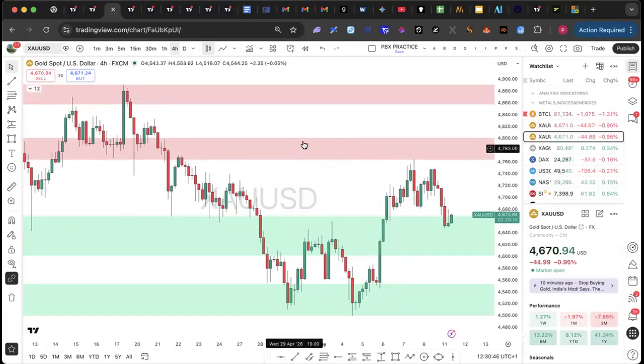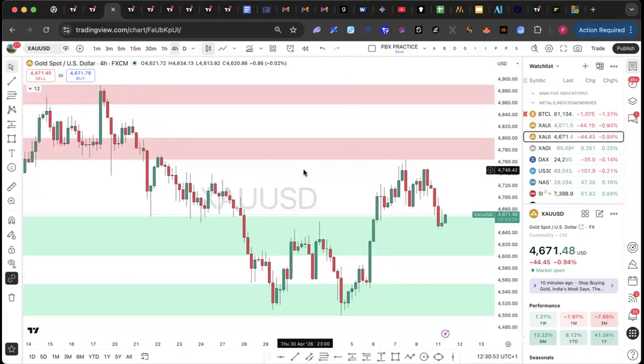If it's demand, then supply invariably means resistance. So when you plot your scanner, what you are going to see are the demand and the supply.